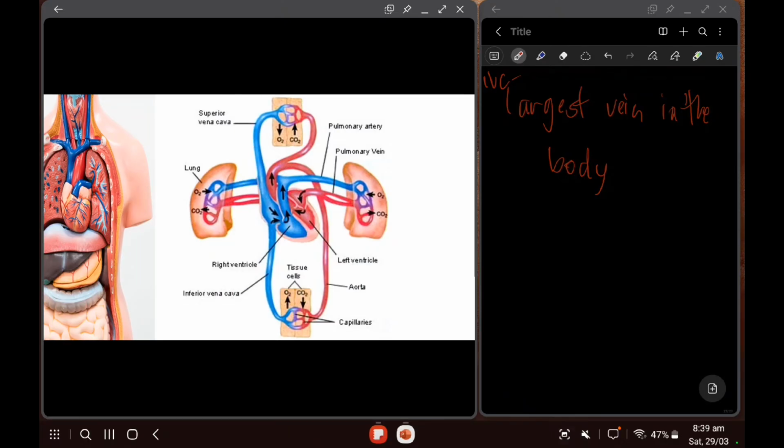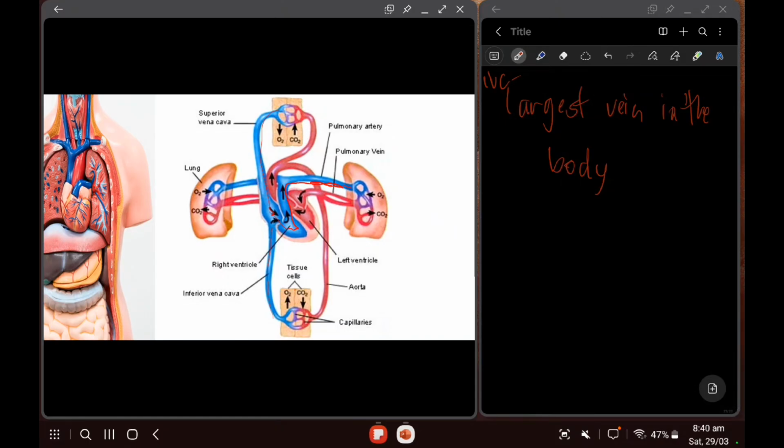So, the blood returns from the body through the IVC. After that, it passes to the right ventricle. Then, the blood is pumped to the pulmonary trunk. The pulmonary trunk divides into the right and left pulmonary arteries, which carry blood to the lungs. In the lung capillaries, carbon dioxide is given off and oxygen is picked up by the blood.